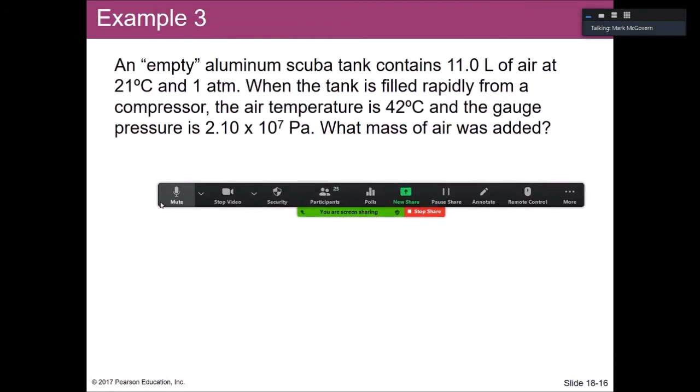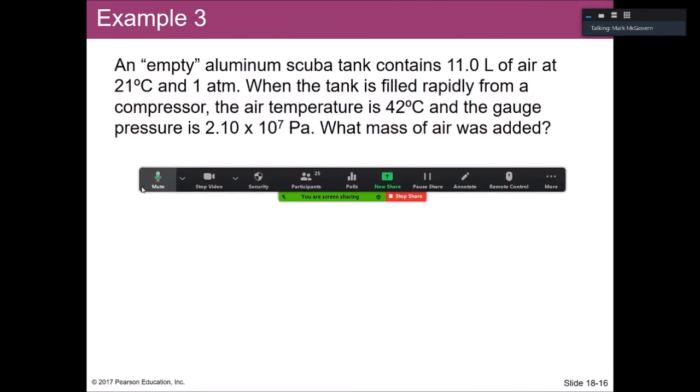All right. We've got an empty aluminum scuba tank that contains 11 liters of air at 21 C and 1 atmosphere. When the tank is filled rapidly from a compressor, the air temperature goes up to 42. The gauge pressure is 2.0 times 10 to the 7.